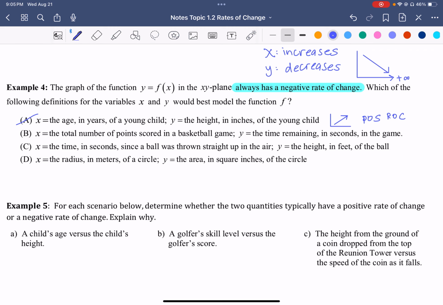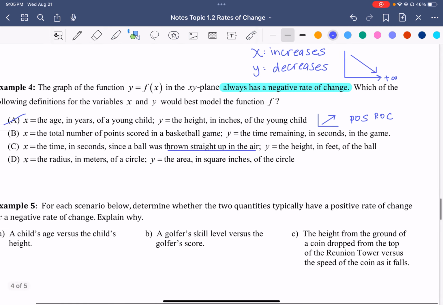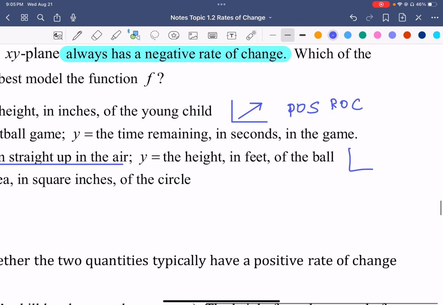For C, we have x, which is the time in seconds since the ball was thrown straight up in the air, and y, the height in feet of the ball. Now, this has a key word here. It says thrown straight up in the air. So if I were to draw a little graph of that, I know that the ball at first was getting thrown straight up.